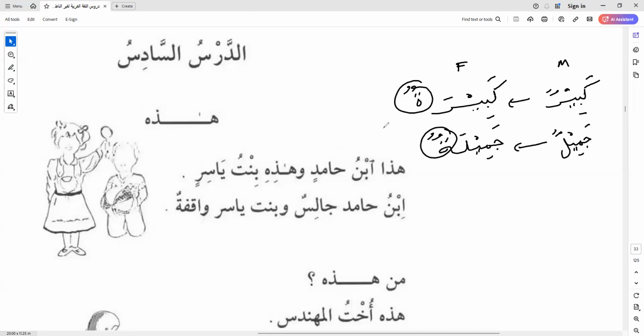So always be careful when you are describing a noun in Arabic. First, think about it. Is it a masculine noun? If it's a masculine noun, then give the adjective a masculine quality. That is to say, let it be devoid of taw marbuta. But if the noun is a feminine noun, then the adjective is going to also be feminine.